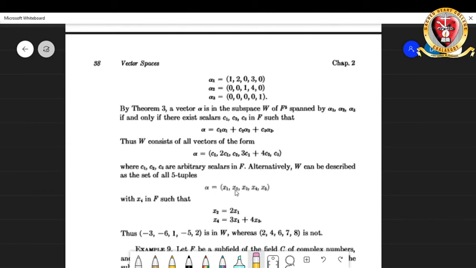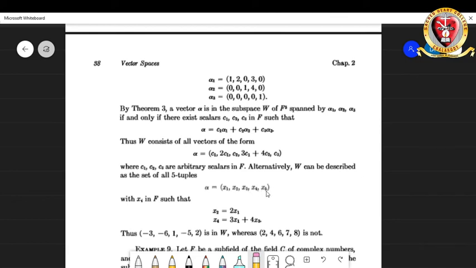So x1 is fixed, x2 will be 2x1, and with x1 and x3 fixed, x4 will be 3x1 plus 4x3, right?